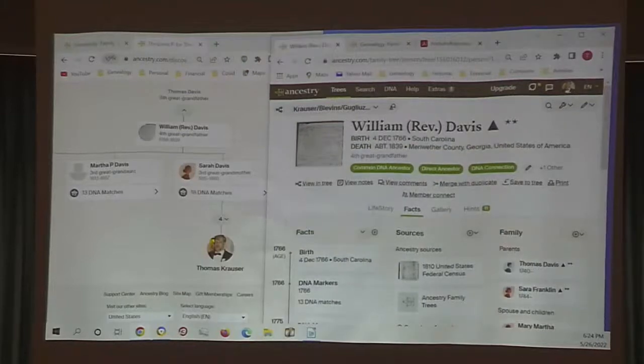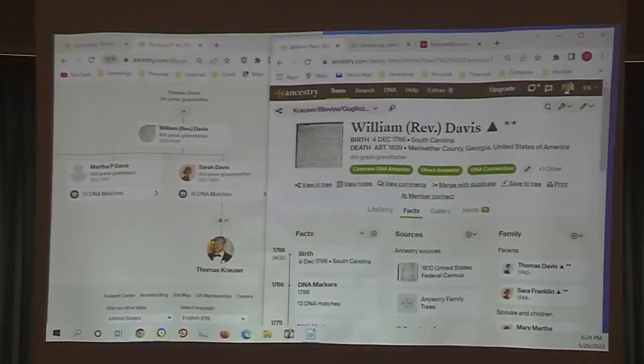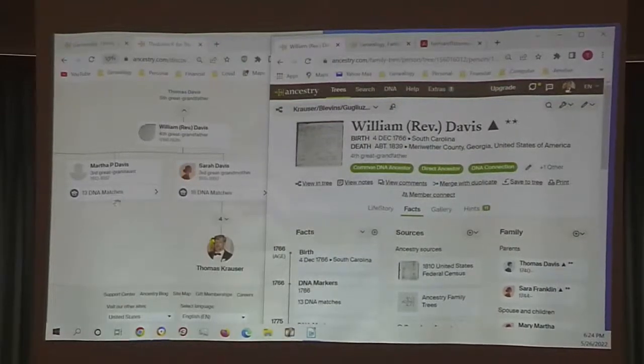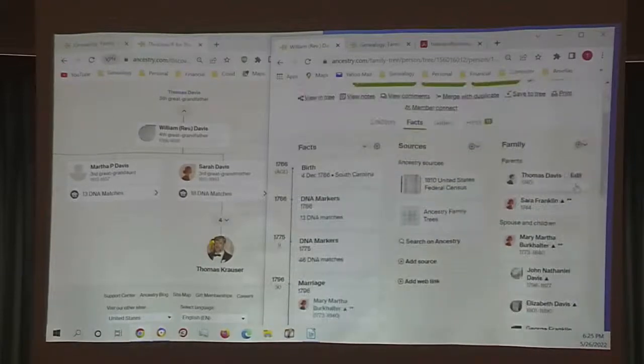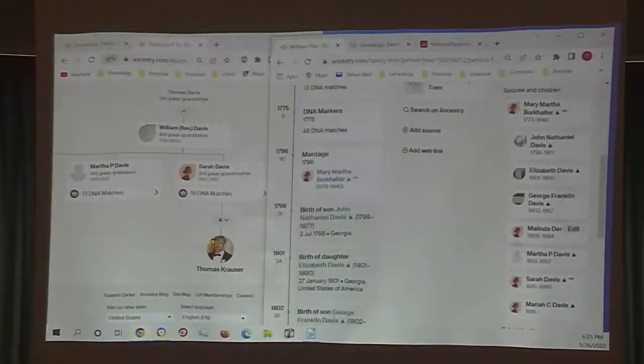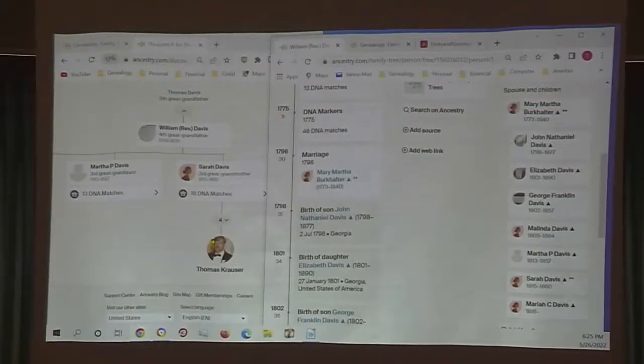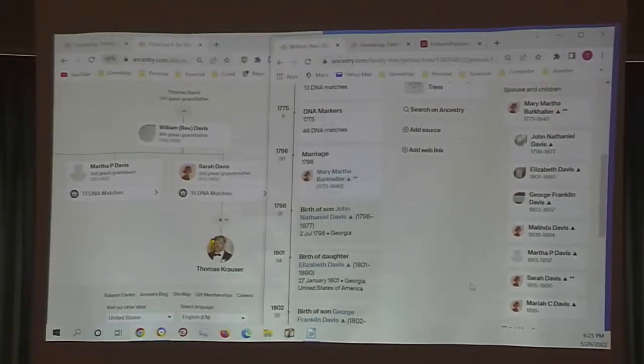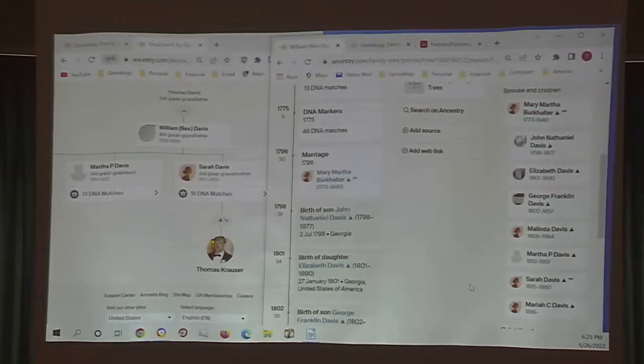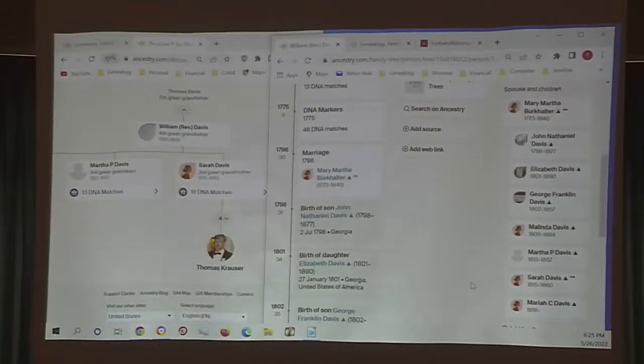Okay. So this says that Sarah Davis, and notice I go down my tree here, and there's Sarah Davis. Now notice what Sarah Davis has in her name field. What do you see? You see a double asterisk and a triangle.